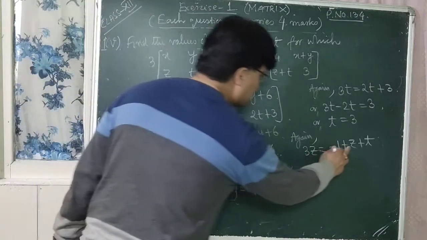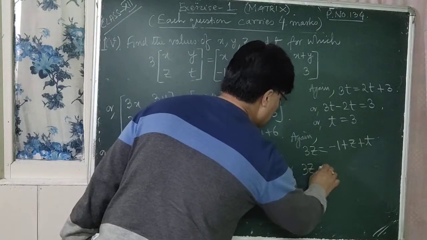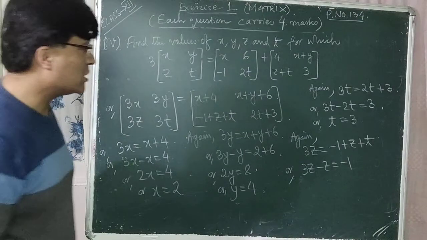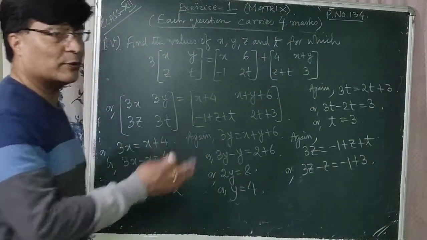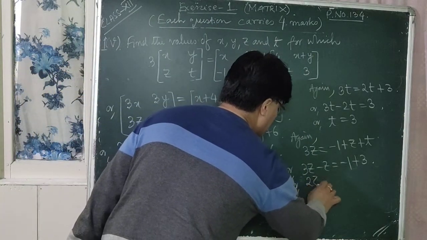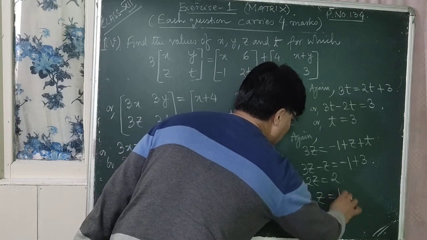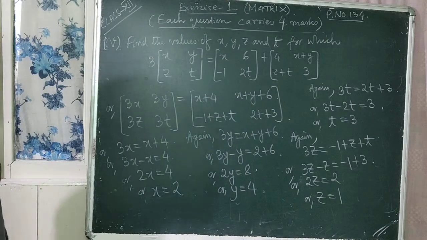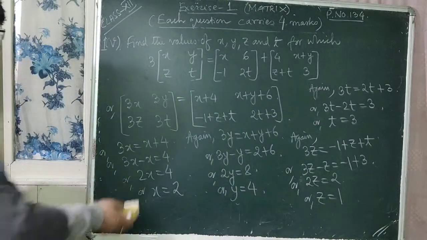So let us take this plus z to the left hand side, it becomes minus z. So 3z minus z is equal to minus 1, and what is plus t out here? Plus t is plus 3. You can put the value of t there. So what is 3z minus z? It is 2z is equal to, what is 3 minus 1? It is 2. Or what is z? z is equal to 2 by 2, that is 1. So we have got all the values of x, y, z and t. So let us write down the answers now.